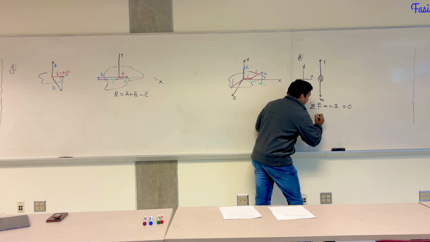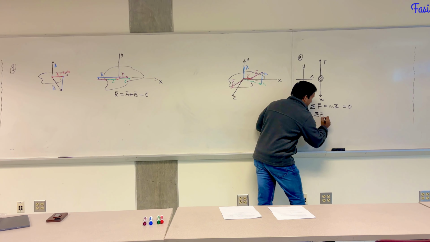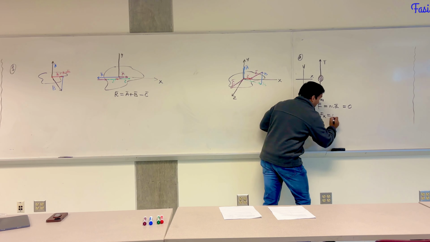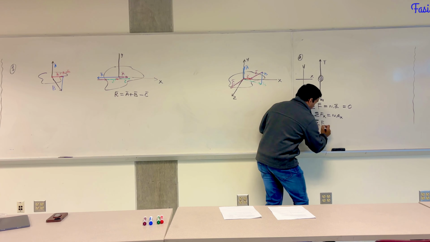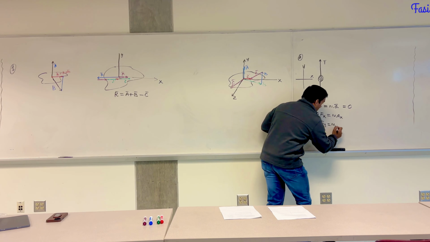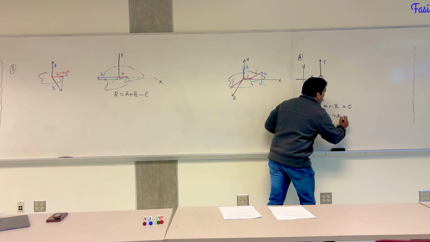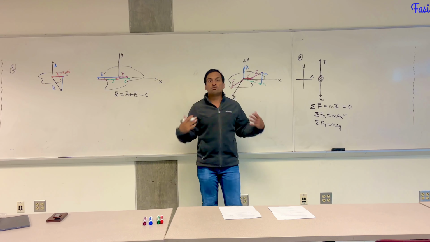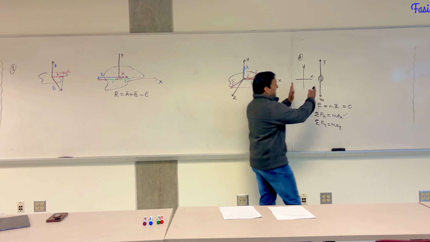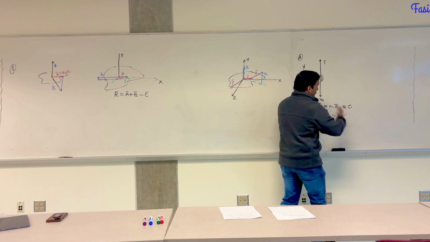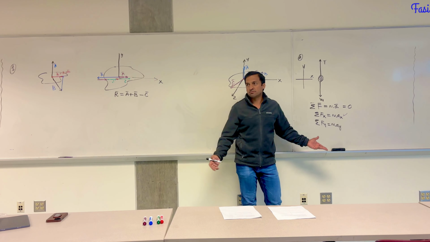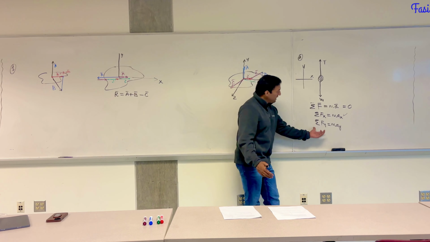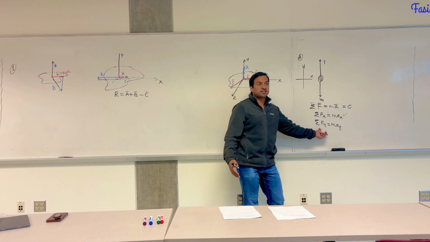If I write an equation for the x and y axes, it becomes the sum of Fx equals m ax and the sum of Fy equals m ay. The x equation is satisfied because this crate doesn't move left or right. If it doesn't move, acceleration is 0 and force is 0. So the only equation that we are going to use is the y equation.